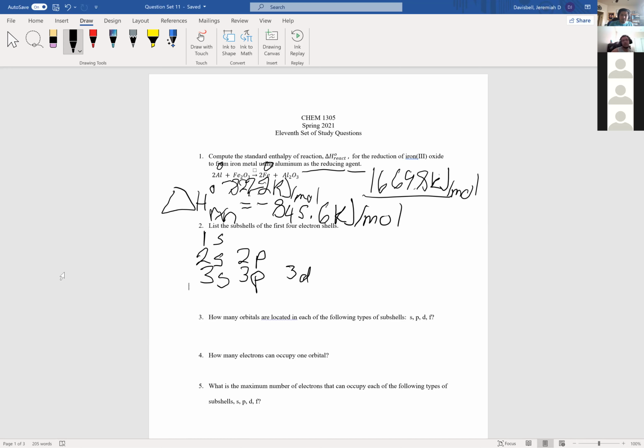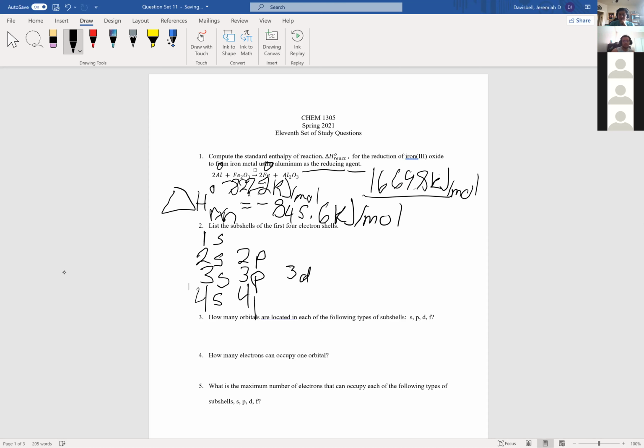Now, what about for the fourth energy level or fourth row? For s, for p, for d, and for f.